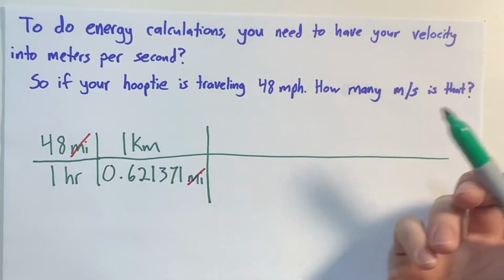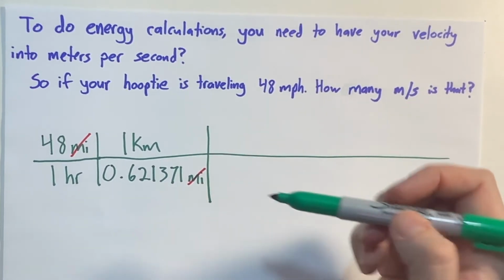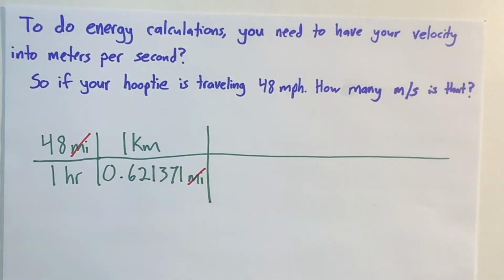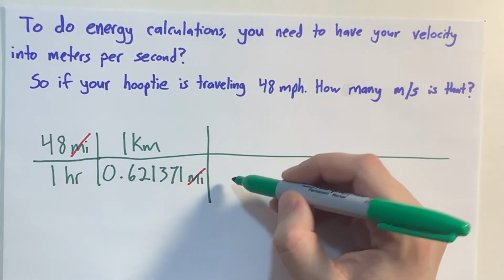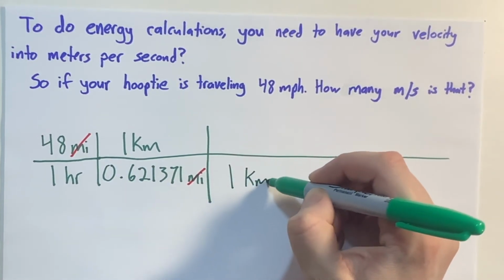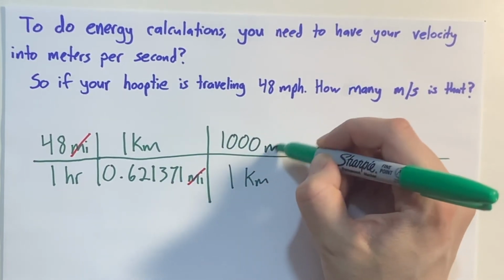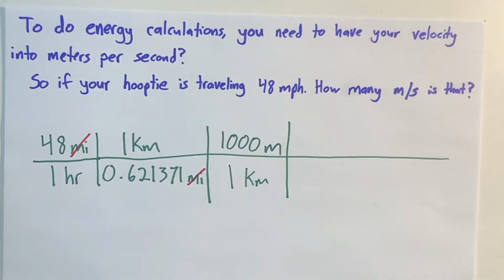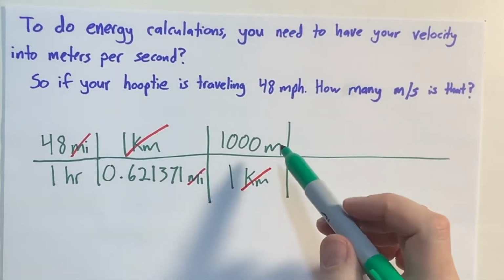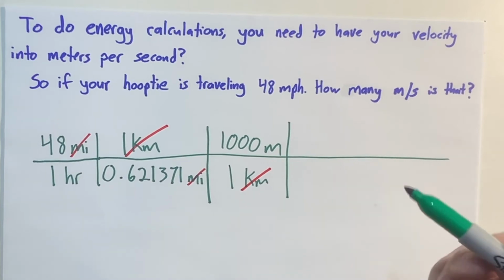Now, kilo means 1,000, so I need to get it to meters. So since kilo means 1,000, that means there are 1,000 meters in a kilometer. So kilometer needs to be down here. 1 kilometer is equal to 1,000 meters. Okay? So kilometers cancels, and now I have meters per hour, which is a lot better, but we're still not there yet.